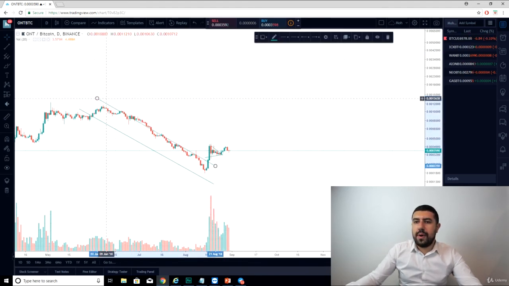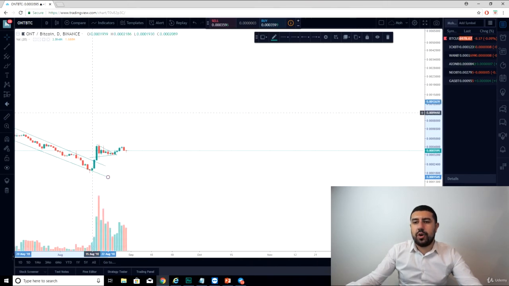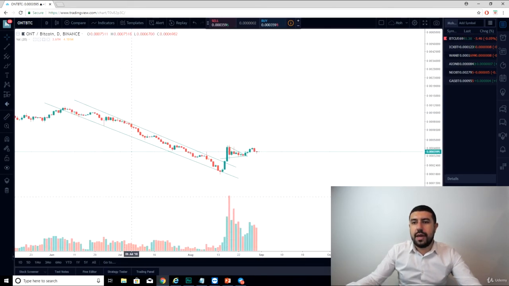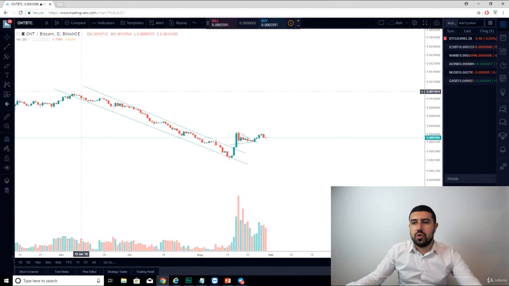So would I want to buy something that's in a downtrend? No, right? But there was some news coming out on it, and I really wanted to buy it because I think something nice is going to happen with it. So I'm like, okay, well, I need to wait for a good entry. So I'm not just going to buy here or buy here. I need to find myself a good entry.